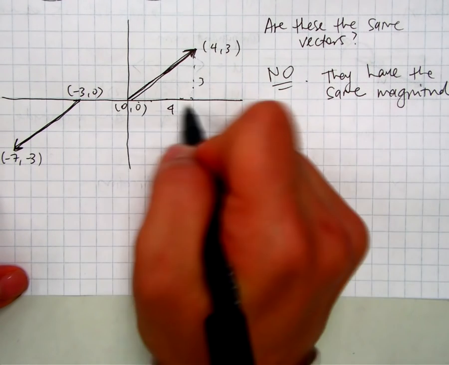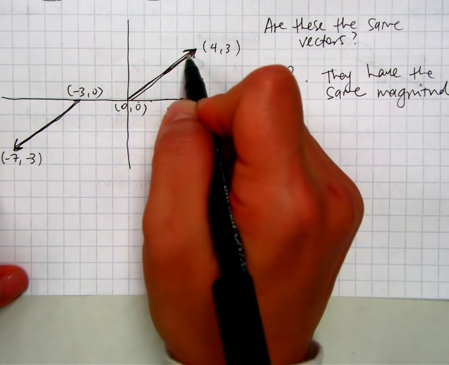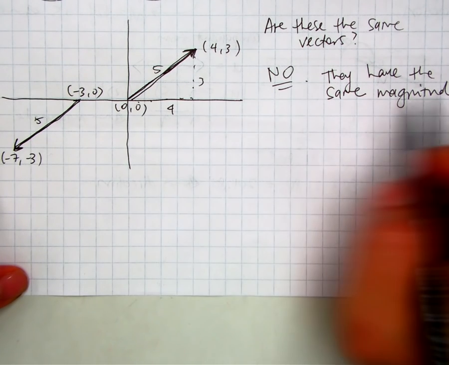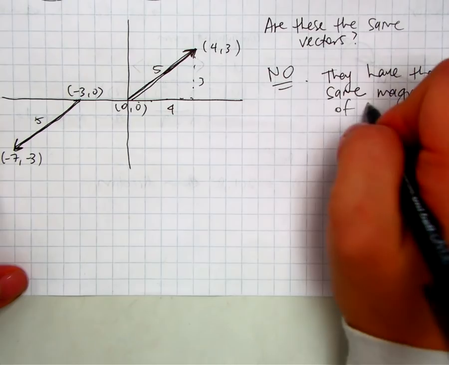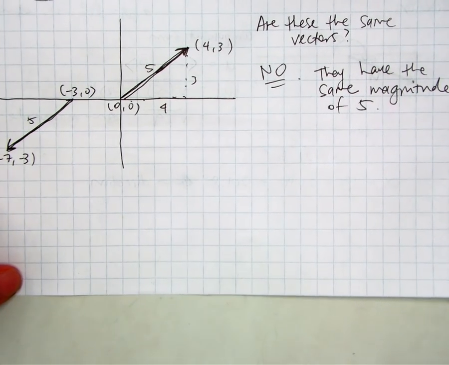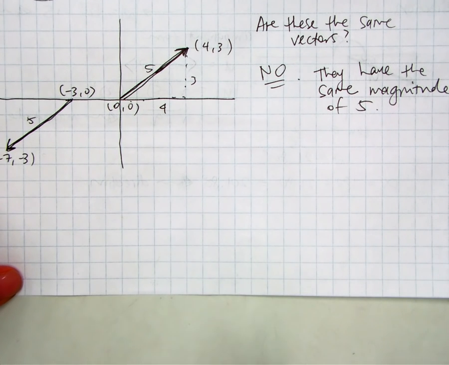So the triangle itself has this length of 5 here. This length is still going to be 5. They both have the same magnitude of 5 because remember, magnitude is always positive. Yes, it's always the absolute value.